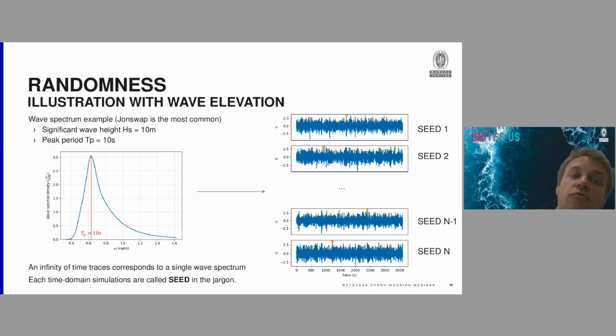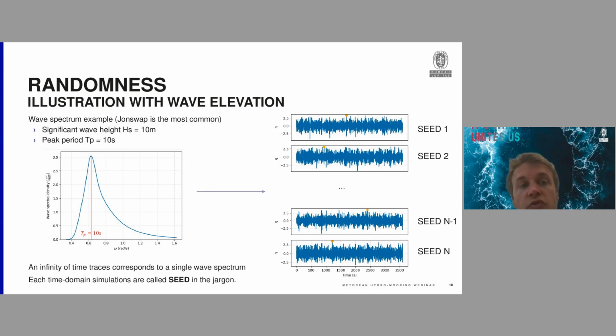The wave spectrum represents where the wave energy is in terms of frequency. The peak period is, for instance, the period for which you have the most energy, as you see in the example on the left figure.